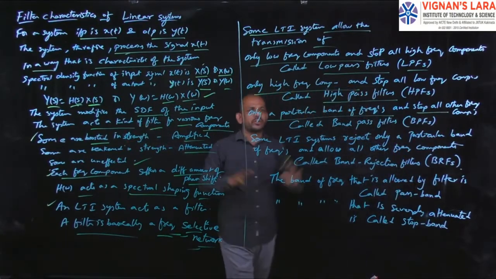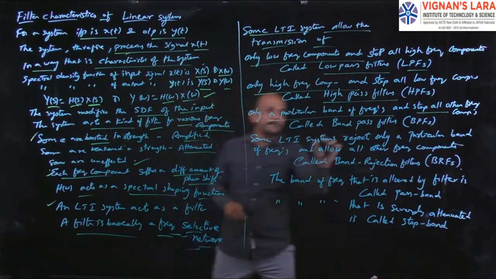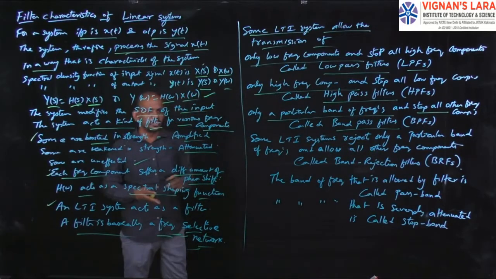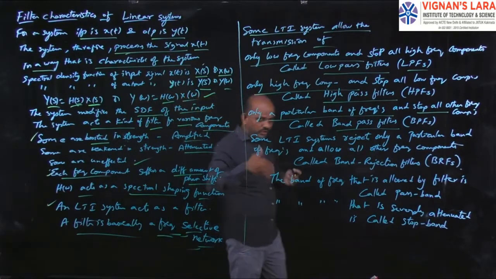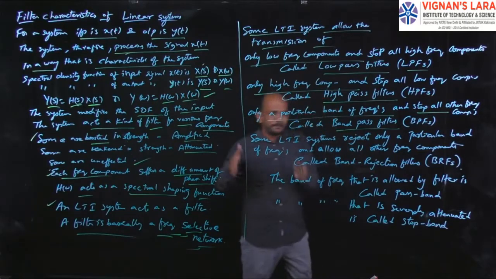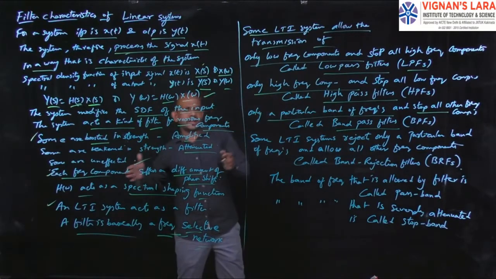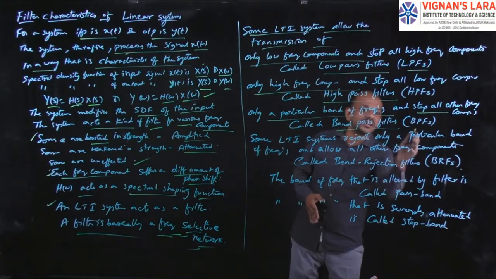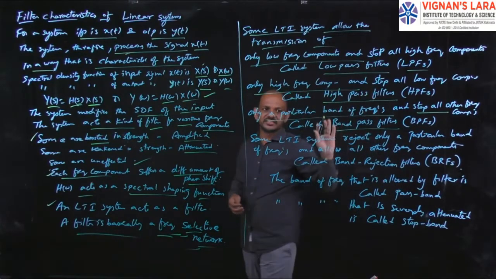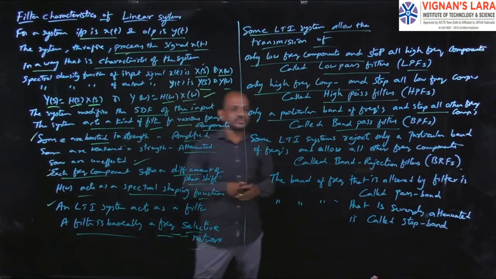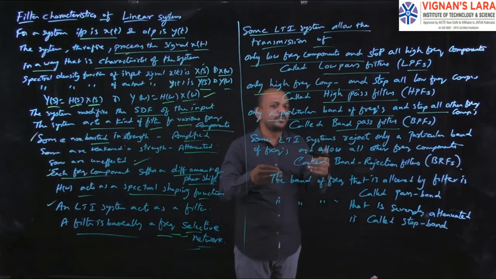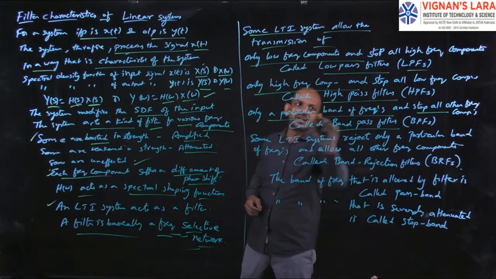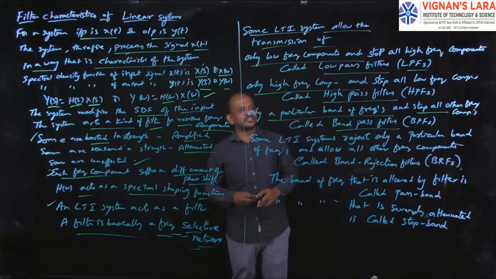They are called band pass filters, or BPFs, because they allow only a particular band of frequencies and stop all other frequencies except that band.